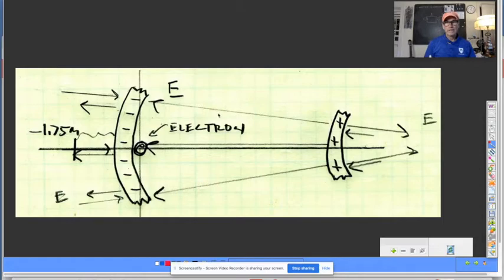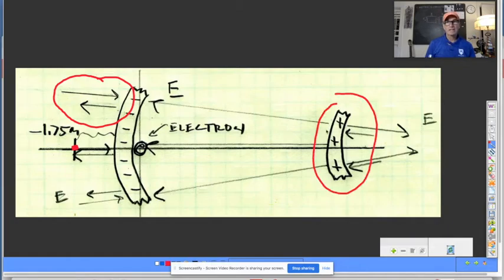Now, I want to point your attention to what's going on to the left of the negative plate. This may explain why the electric field is 0 at negative 1.75 meters, especially at a later time. The positive plate here to the right, its field extends beyond the negative plate.